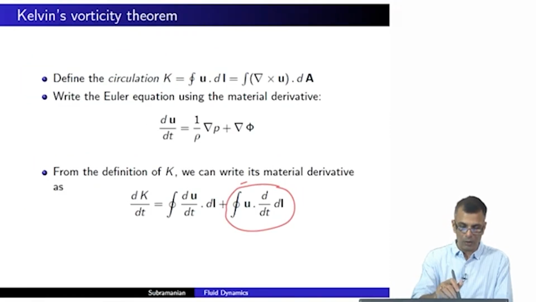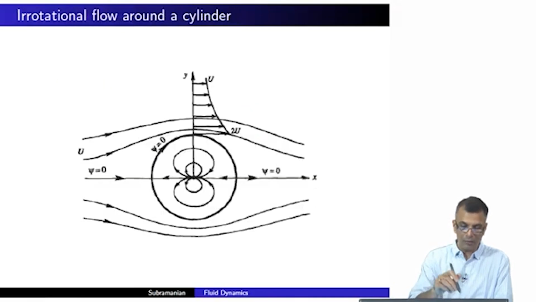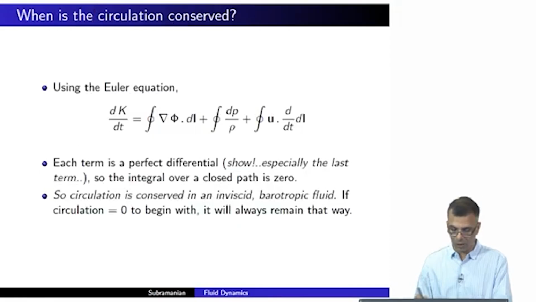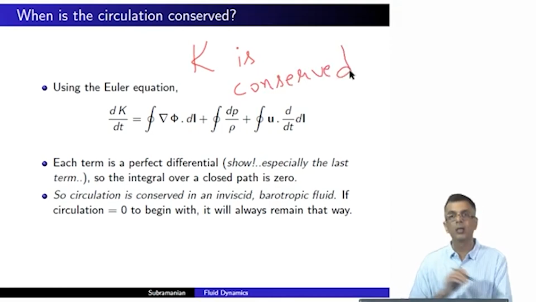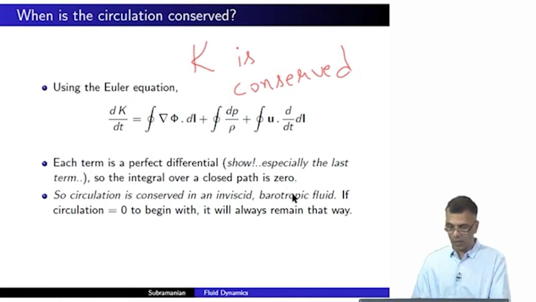So what we've now said is that the time rate of change of circulation is 0. In other words, this quantity k is conserved. So circulation is conserved in an inviscid barotropic fluid.